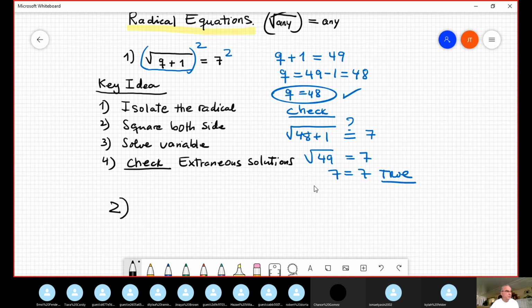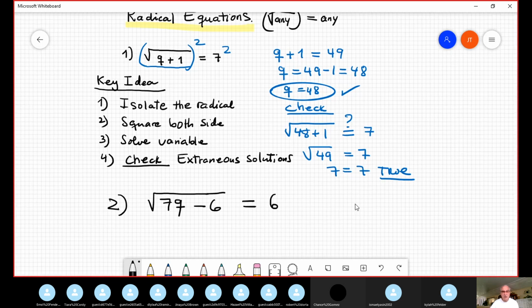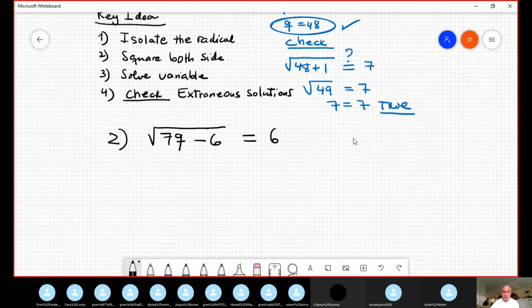Let's do one more example. Similar, very, very similar. Square root of 7q minus 6 equals 6. Okay. Remember, step 1, isolate the radical. This radical is isolated.